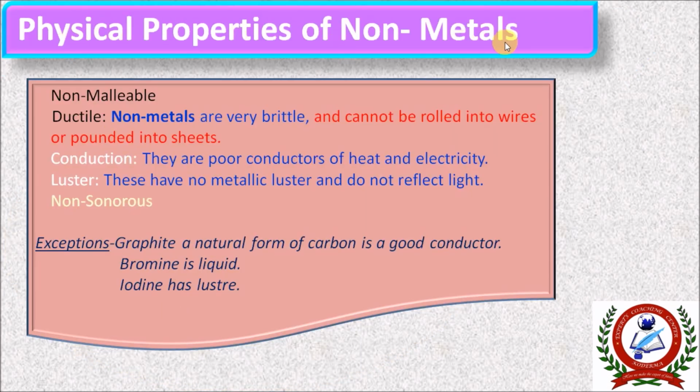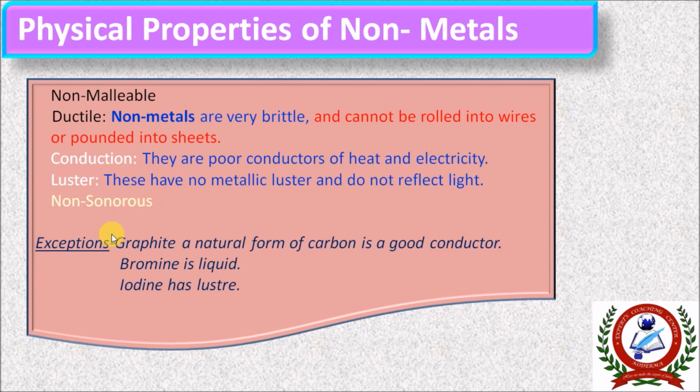Talk about physical properties of nonmetals. Nonmetals are generally non-malleable. Nonmetals are non-ductile because they can't be rolled into wires and pounded into sheets. Nonmetals are poor conductors of heat and electricity. Nonmetals don't have the lustrous property. These have no metallic luster, they don't reflect light.